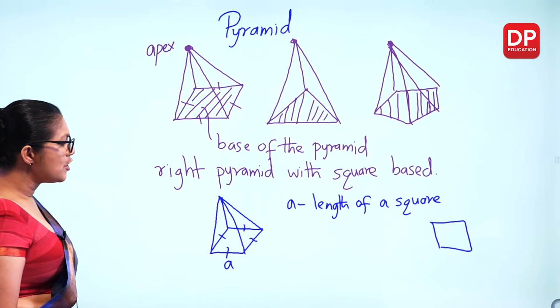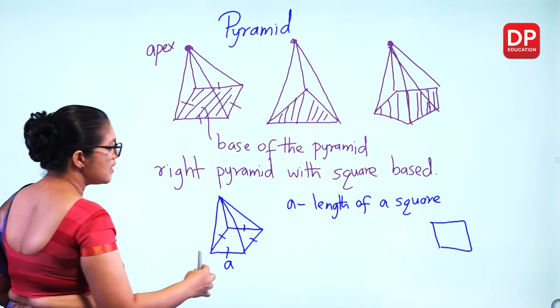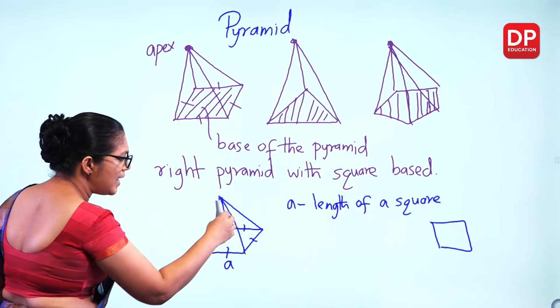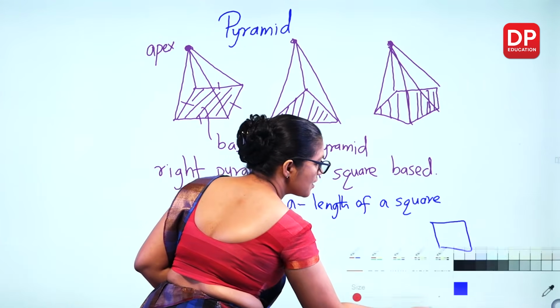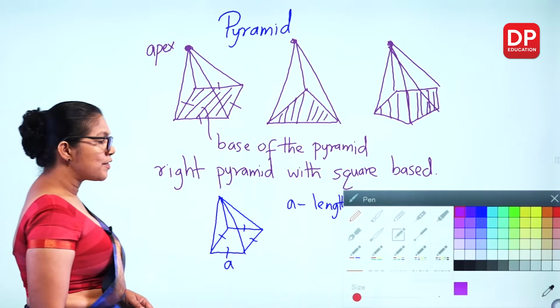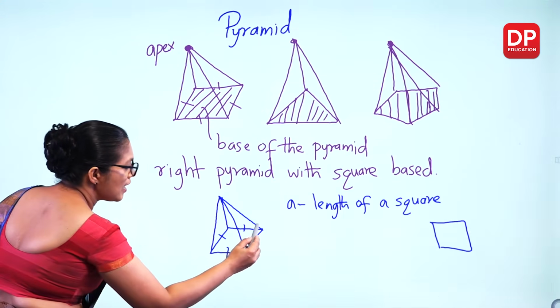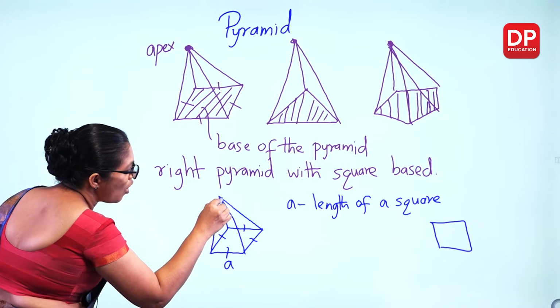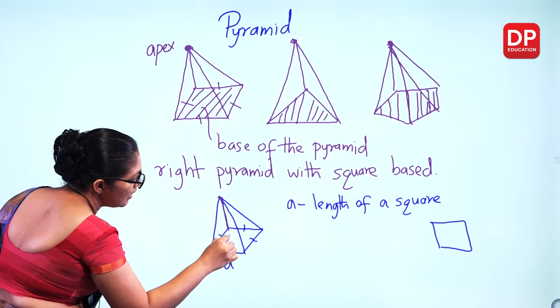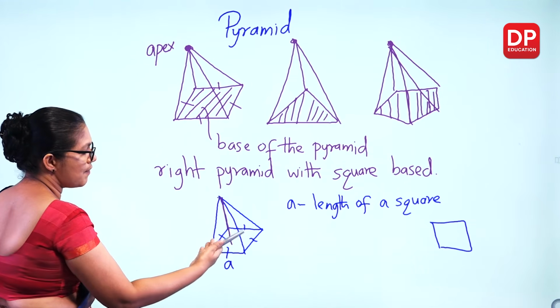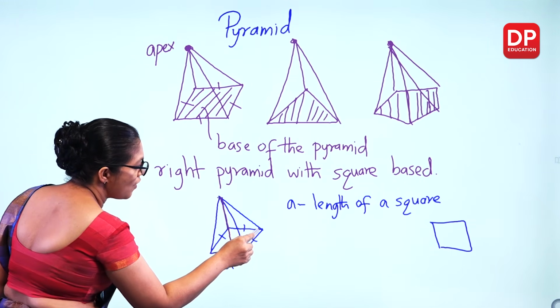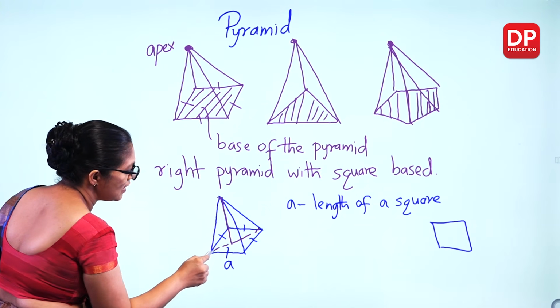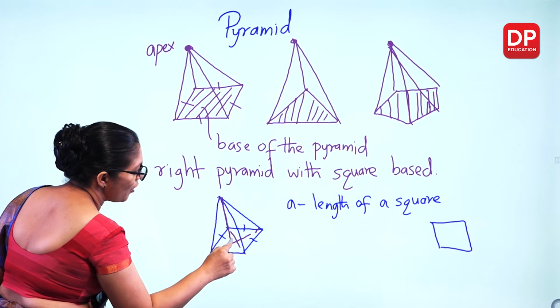And then we need to know the height, the perpendicular height to this one. So how can we draw the perpendicular height? From the top to this surface. When you draw that, it should pass through the point where the two diagonals meet.